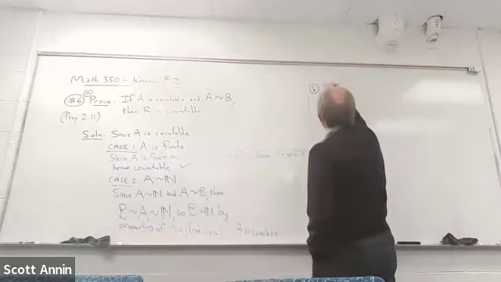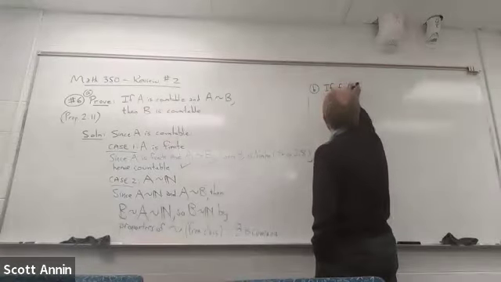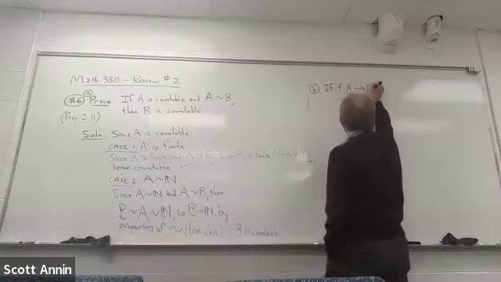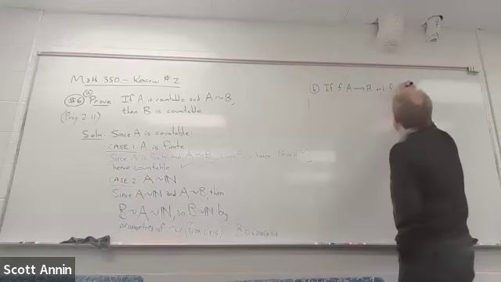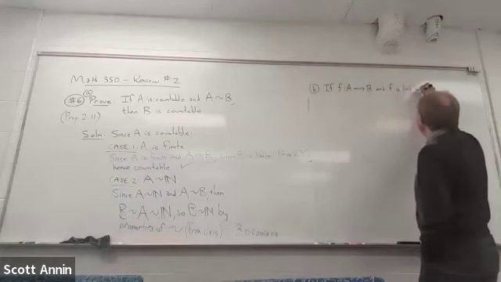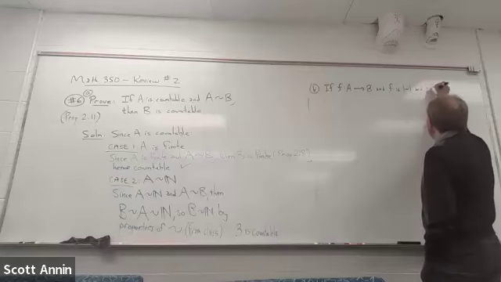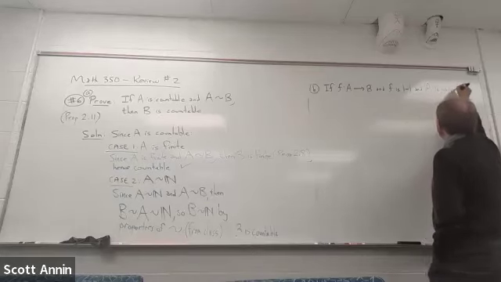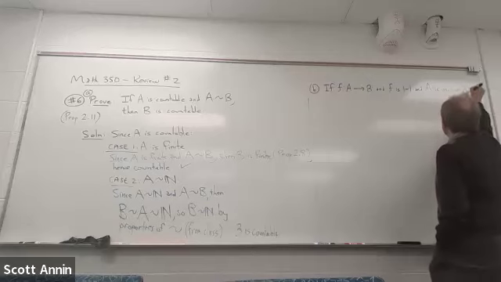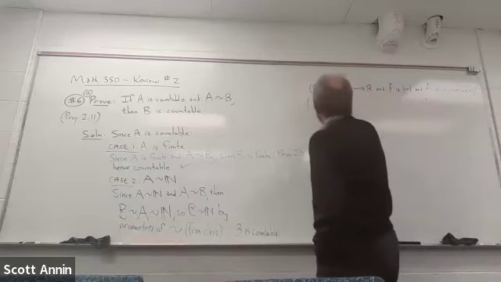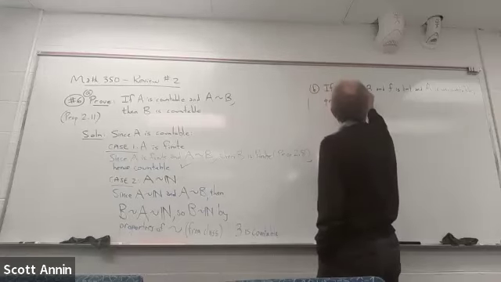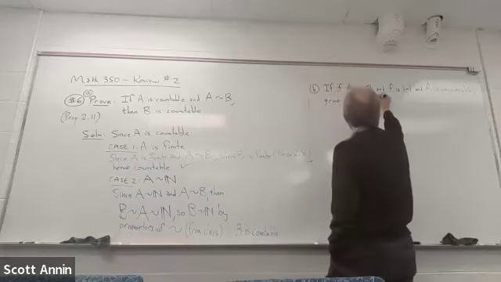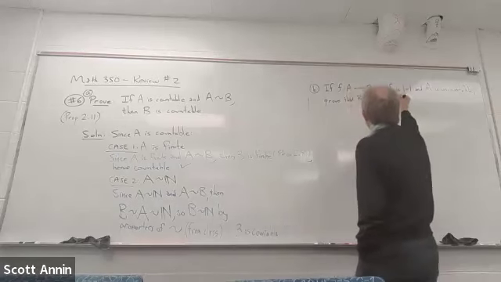Part B is just going to say if we have f, which is a function from A to B, and f is 1 to 1, and A is uncountable, prove that B is uncountable.